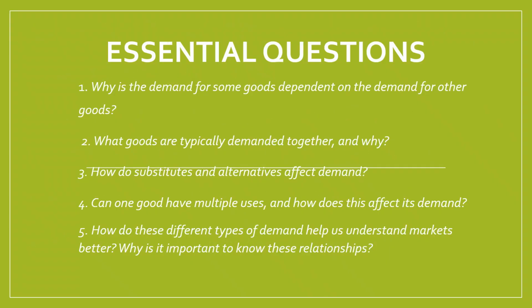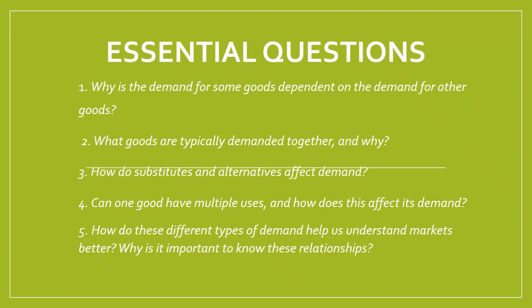We are looking at certain essential questions that are very important to our lesson today. Before we dive in, think about these questions. First, why is the demand for some goods dependent on the demand for other goods?